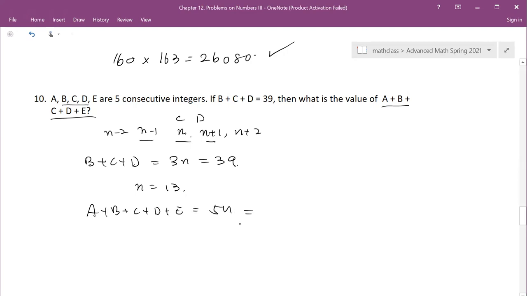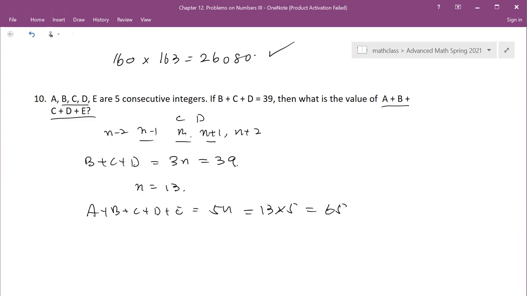So all I have to do is just 13 times 5, 65. Right? Andrew says 165. Okay, this is the sum of these 5 digits. Got it? 65.